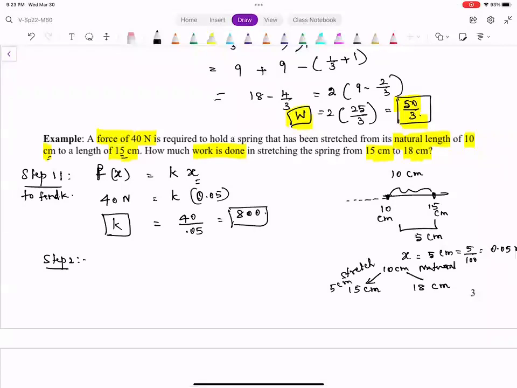The stretch here is 8 centimeter. So we will do work done, which is integral f of x dx. The first stretch is 15 centimeter, that means 5 centimeter from the natural length. 5 centimeter equal to 5 over 100 meters, which is 0.05 meters.